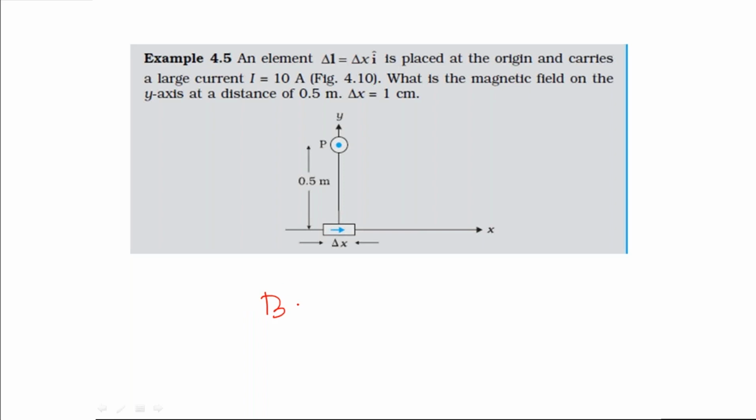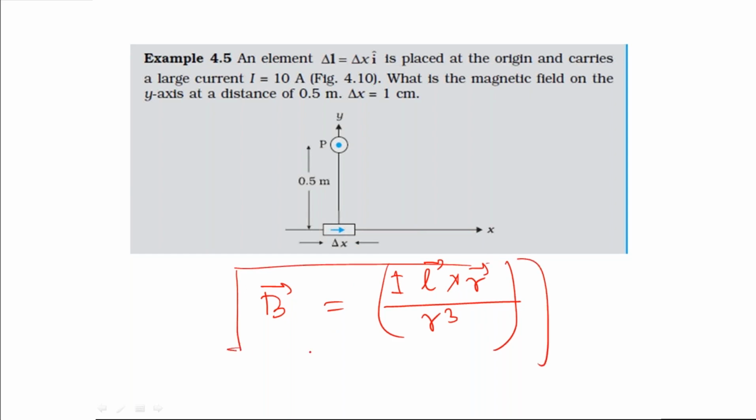If I know the finite length of the wire, then I can write it exactly like this: I dL cross r, oh, I'm sorry, this is I dL cross r divided by r cube. So applying this formula, let us see whether this problem can be solved.